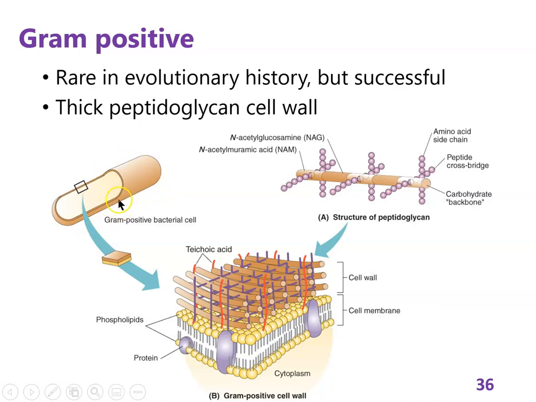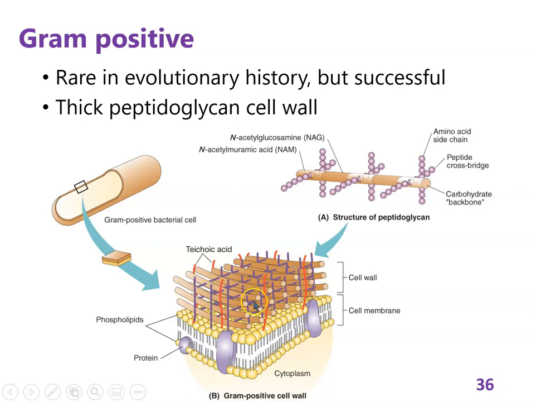That's a bacillus. And what they're showing is if we cut a section of that cell wall out and magnified it, this is what we would see. This is the inside, this is the outside, this is the membrane with the phospholipid bilayer, and this is a thick layer of that peptidoglycan polymer.